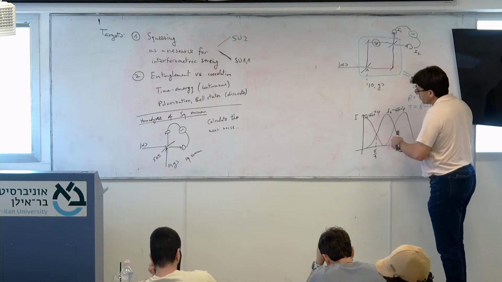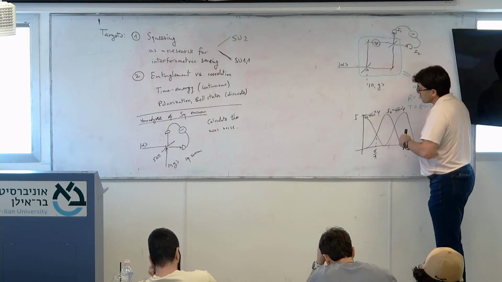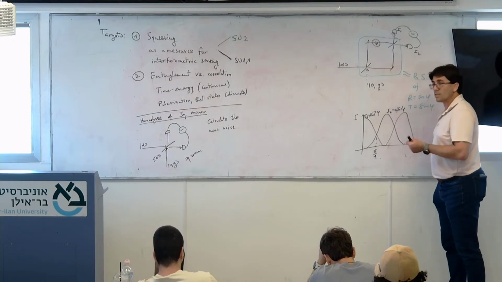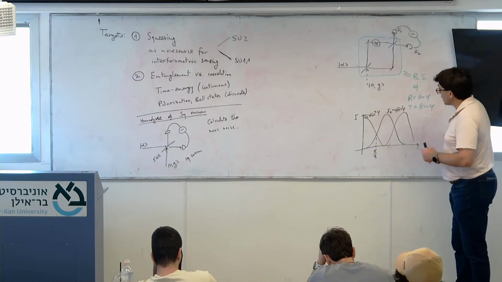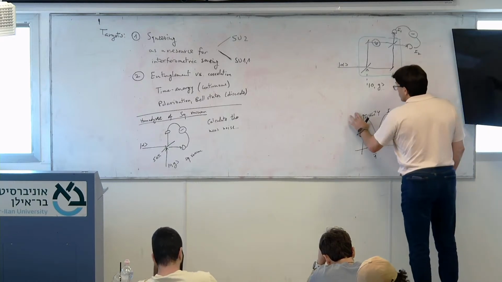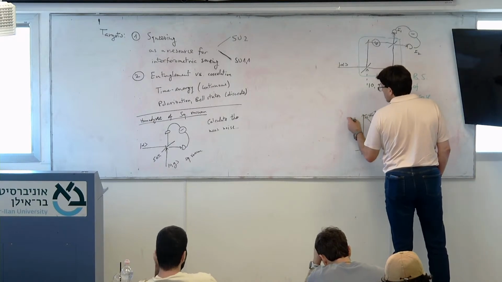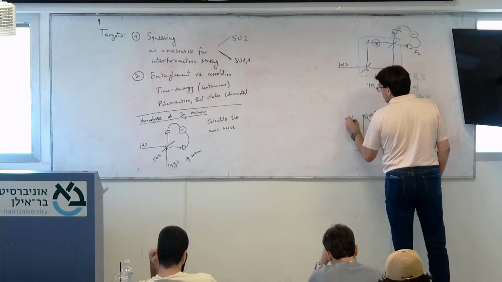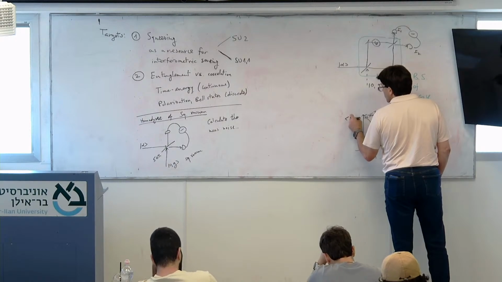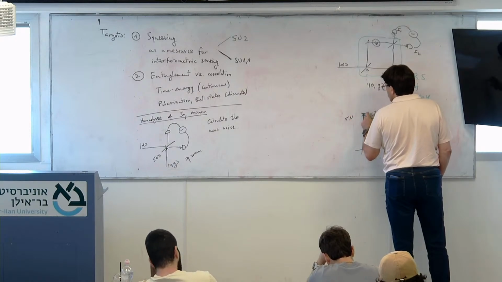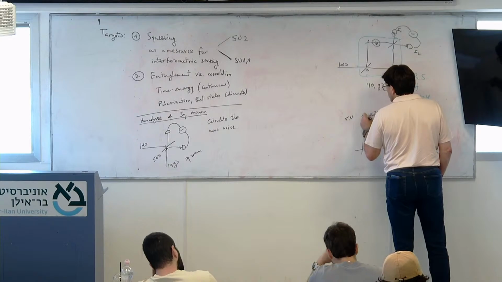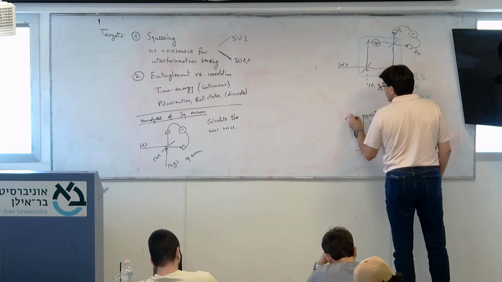Here, this looks like a good place to look at, because this is what we already know. This is the average number of photons. Let's say N1. Average number of photons is a function of phi.